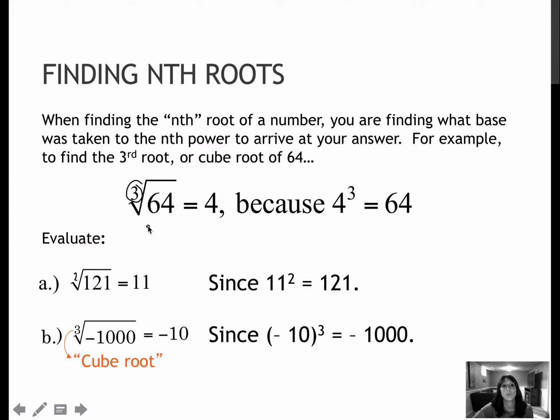Now a cube root means the exact same thing a square root did, except we're saying what number times itself 3 times is going to give us the value on the inside.